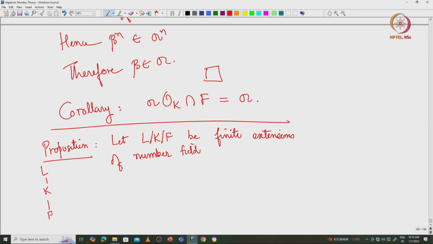K is a finite extension of F and L is a finite extension of K, and consequently L is a finite extension of F, but we also assume that L over F is a Galois extension. Then we can do the following.